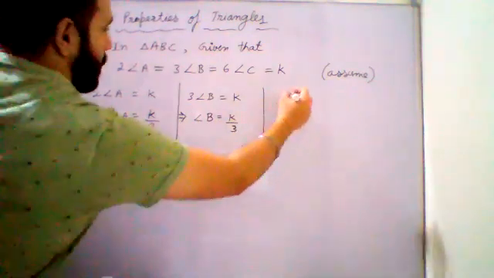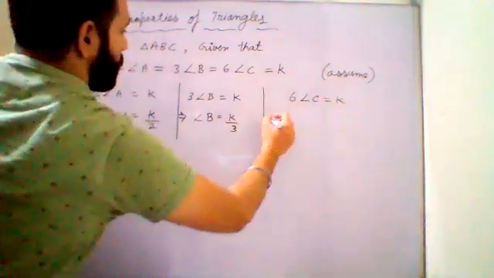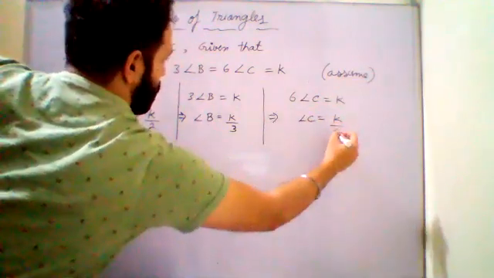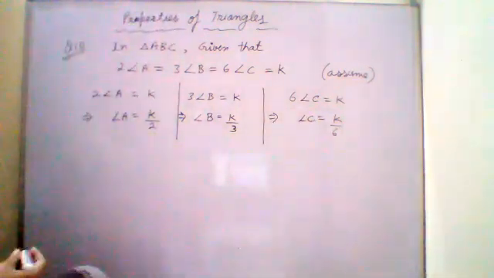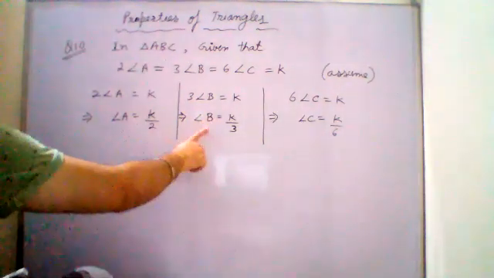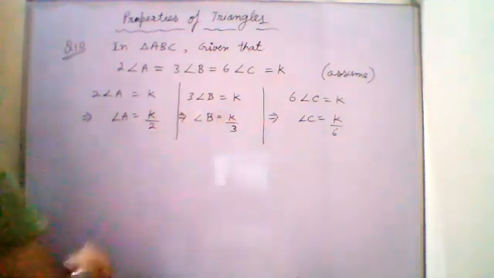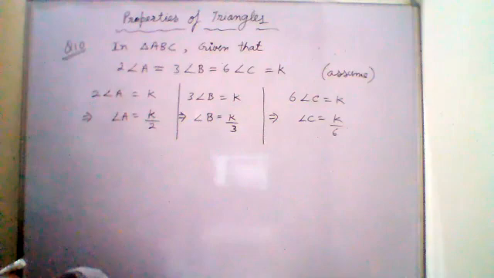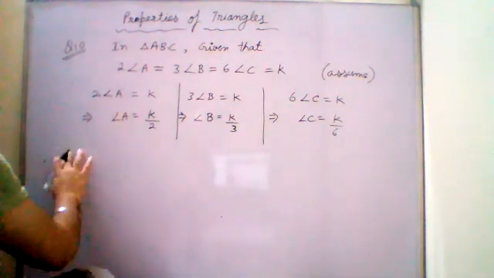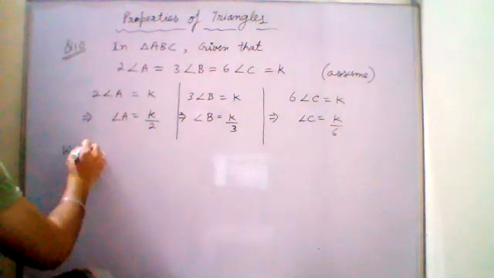And finally, 6 angle C is equal to K. So this means angle C is equal to K upon 6. So these three equations you will make. Angle A equals K upon 2, angle B equals K upon 3, and angle C equals K upon 6.